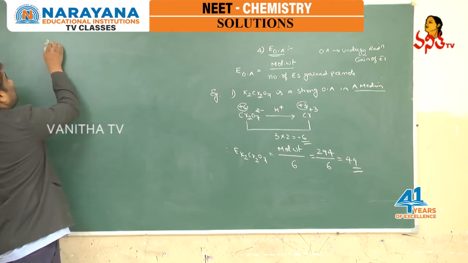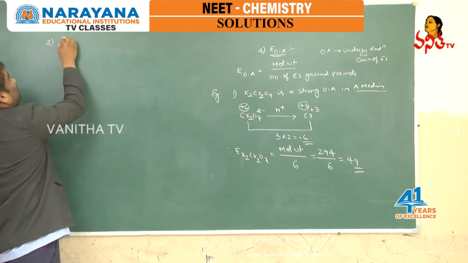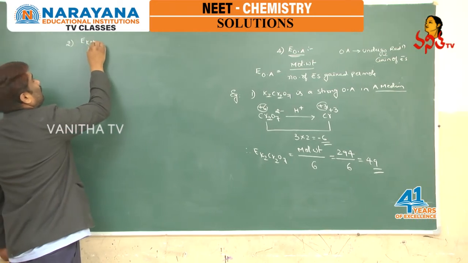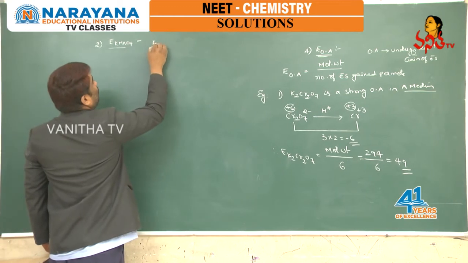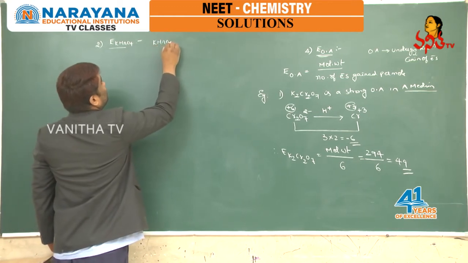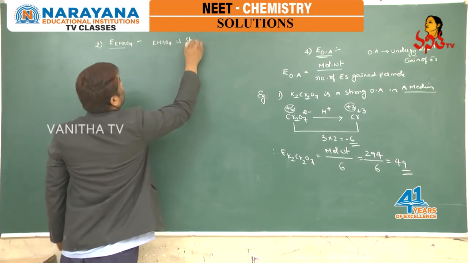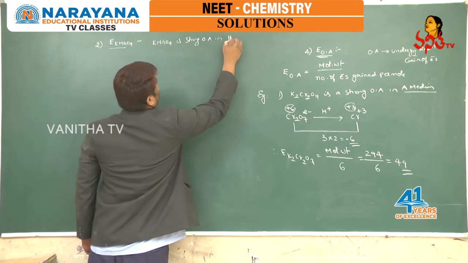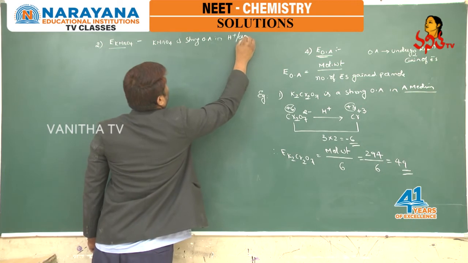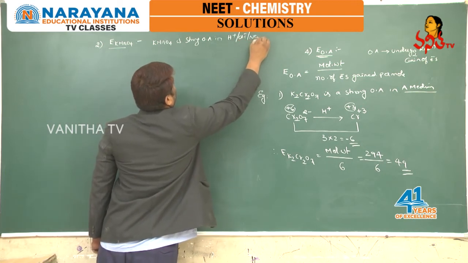Coming to the second example, equivalent weight of KMnO4 calculations. KMnO4 is a strong oxidizing agent in acidic medium, basic medium, and even in neutral medium also.